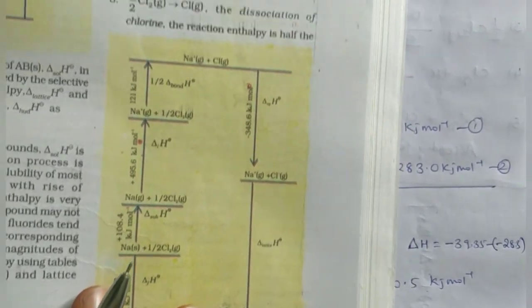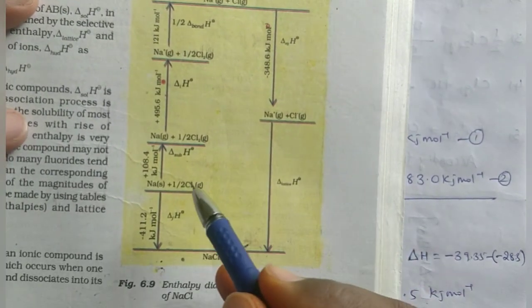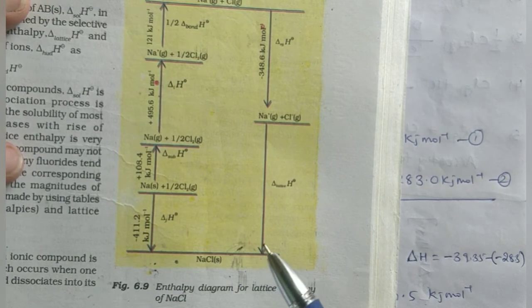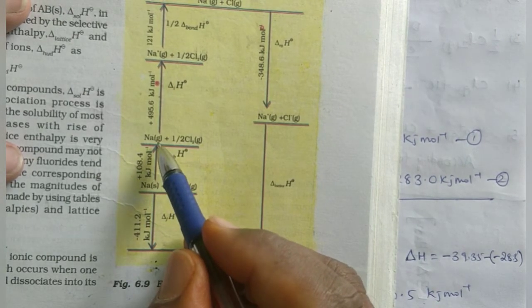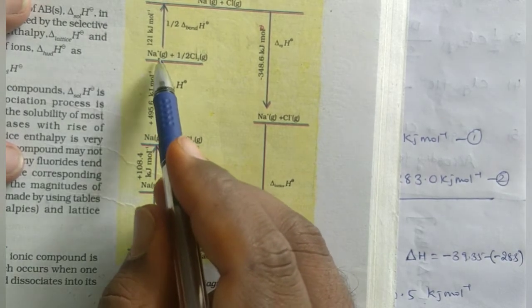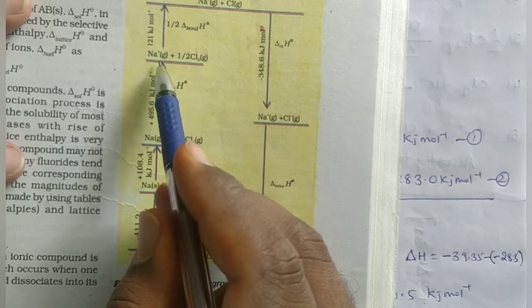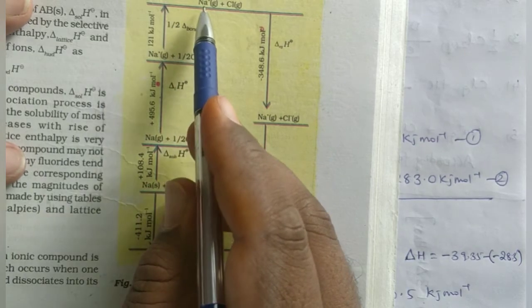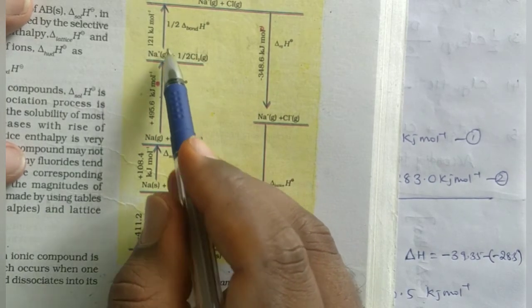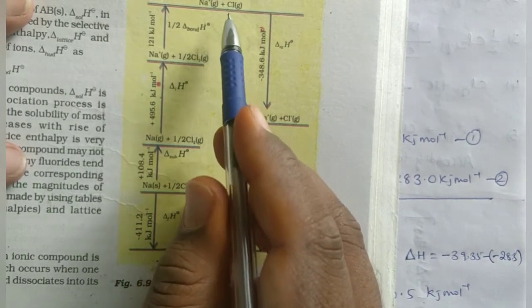This is the Born-Haber cycle. Sodium solid is converted to sodium gas. Sodium gas is converted to Na plus gas. It is leading to Na plus. Next they have taken half Cl2 to Cl.